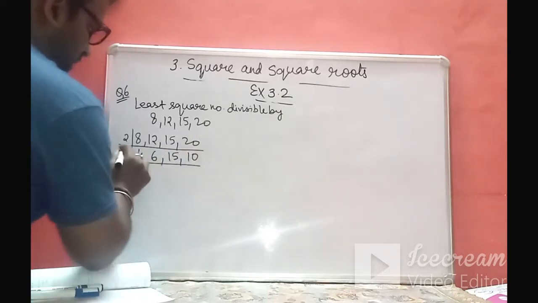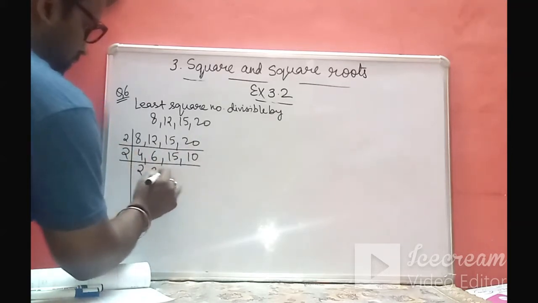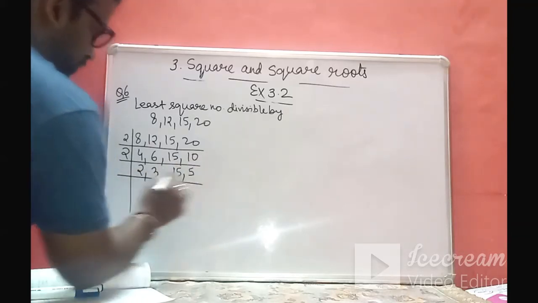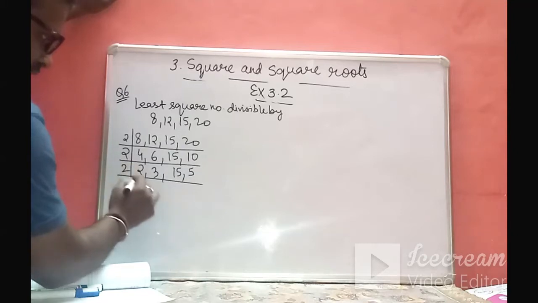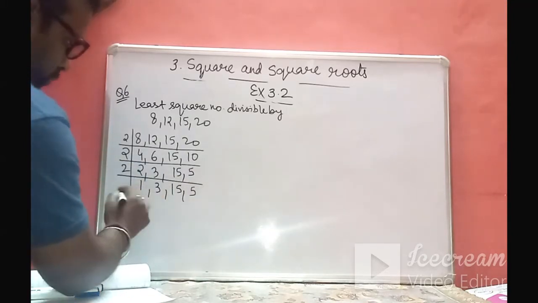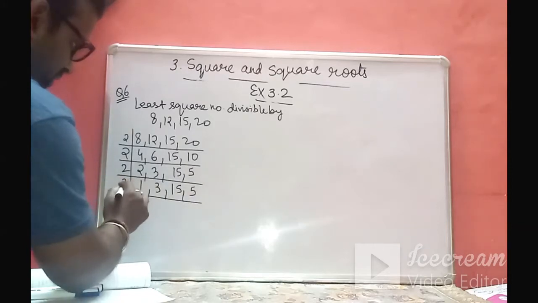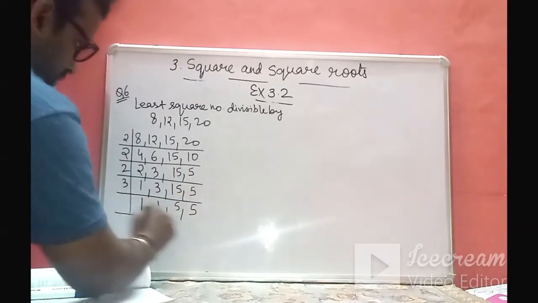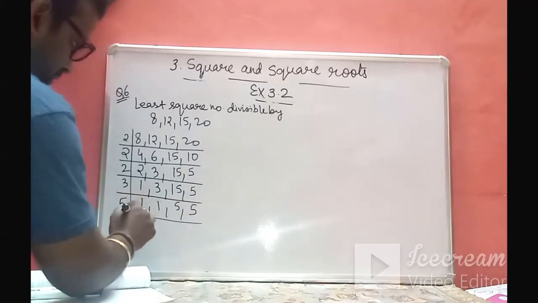Again it is divisible by 2: 2, 3, 15, 5. And please don't jump to 3 straight away because the 2 is already there. After 2, which prime number? 3 we will use. Now it is 5.